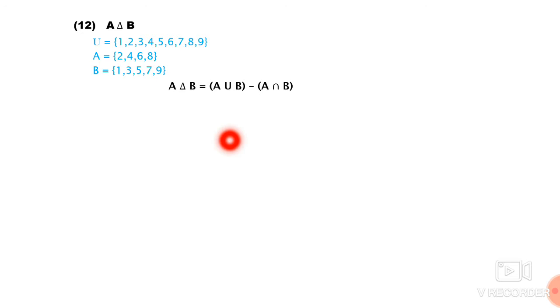Now we have question number 12. Question number 12 is A symmetric difference set B. Universal set is given to us, set A is given to us, and set B is given to us. Now we have to find the symmetric difference. To find the symmetric difference of set A and set B, we use this formula.